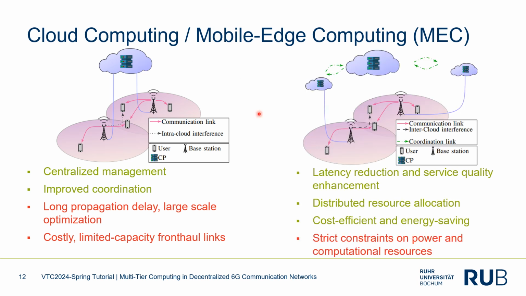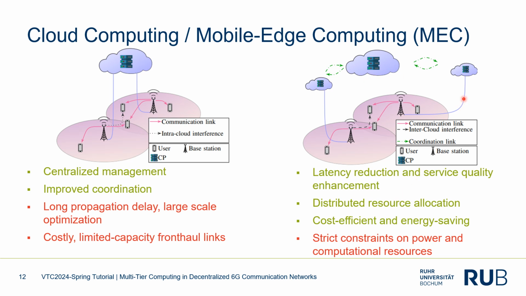In contrast to this, we have the concept of mobile edge computing, where the base stations are also equipped with some processors, such that some computing can be done locally at the base station. The edge processors are connected to the central processor by coordination links, and this overall concept aims at reducing latency and enhancing service quality.